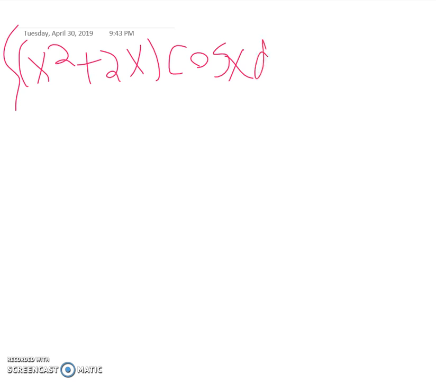So if we have this function right here, the integral of that, we know we're going to have to do integration by parts because they're two functions multiplied by each other and we can't do u sub at all. So that's a good hint that we're going to do integration by parts.